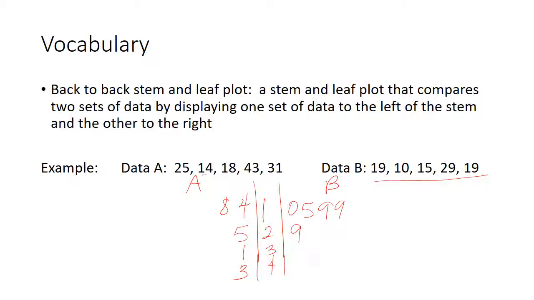It's easy to compare the two to see that there are more tens place values in data B and much higher values in data A. Your key in this case is going to look like, let's say, 4 line 1 means 14. And if you had 2 line 9, that means 29.